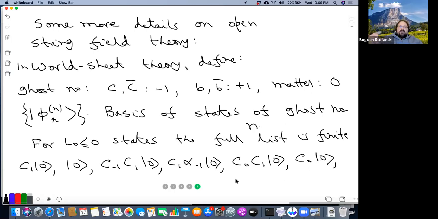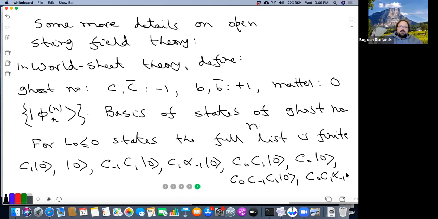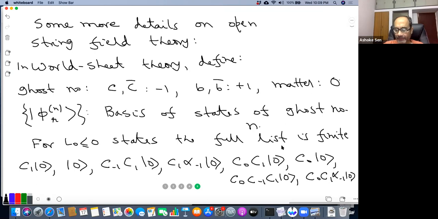Basically what happens is that on the instanton, the open string states come only from these. The closed string states, of course, contain a lot of Liouville excitations, but on the instanton, the primaries that live there are the ground state of the Liouville and the ground state and the alpha minus 1 on 0 state of the matter.